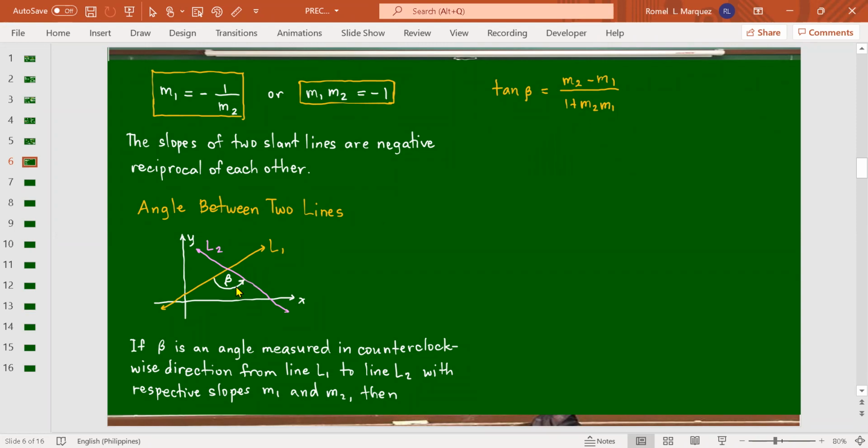Take note that beta is generated from line 1 to line 2. So this formula works in that way.